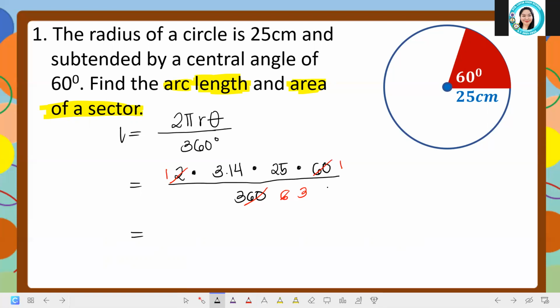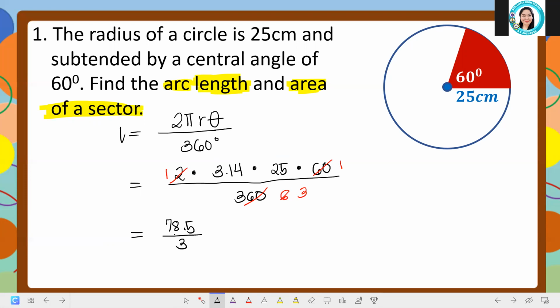So we have 3.14 times 25 is 78.5 divided by 3. So 78.5 divided by 3.